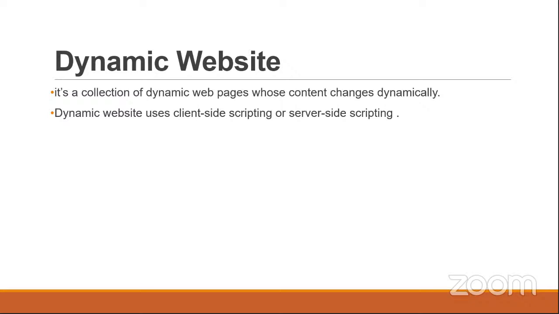But when you enter your own username and password, the redirected page or the content, are those contents same for every user? No, right? So always in dynamic websites, the data is going to change dynamically.